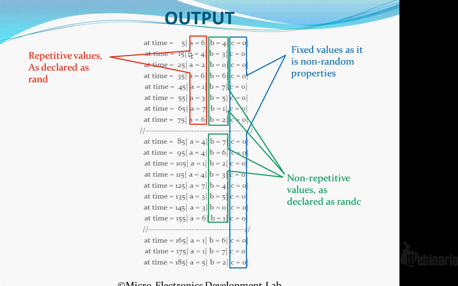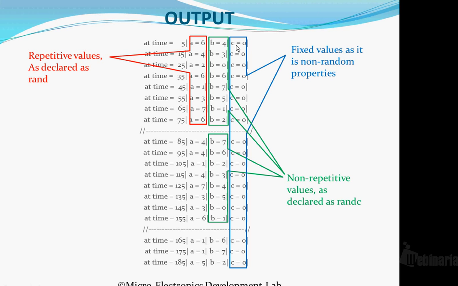Depending upon the qualifier, since property A is qualified as rand, it can repeat values without iterating the complete range, whereas property B is declared with the randc qualifier, so it will first iterate all possible values, and only then can it repeat them.